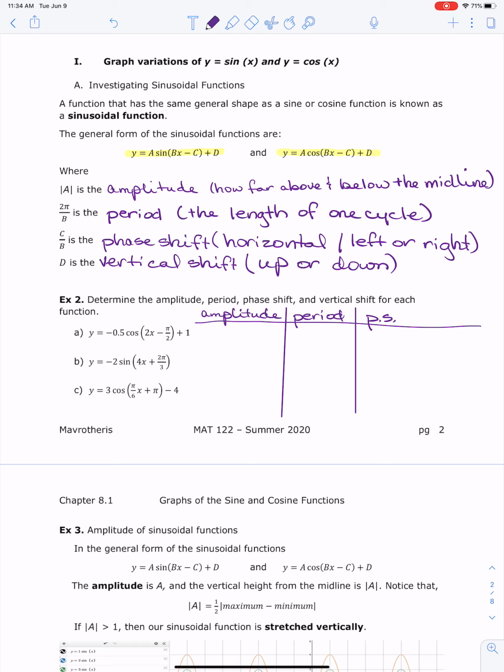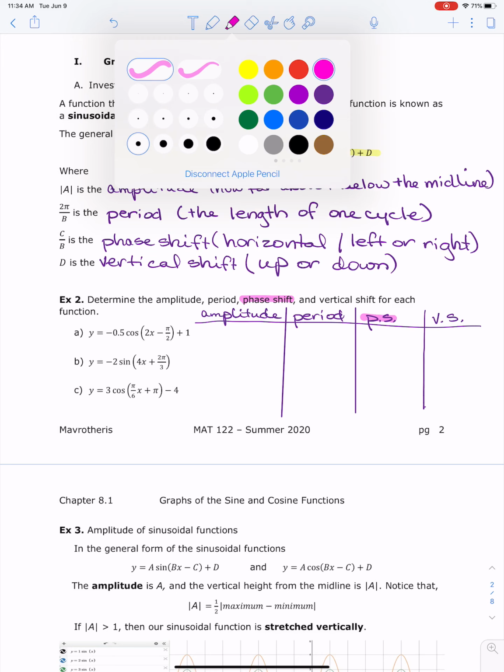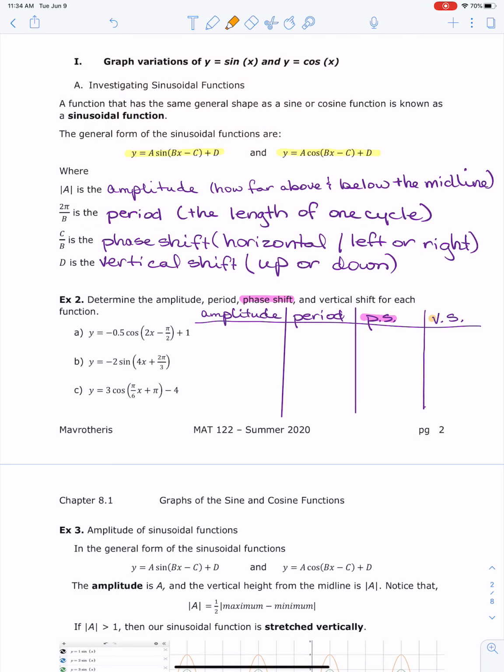I'm going to move that line over a little. And since I am abbreviating here, our phase shift, PS, and our vertical shift, VS.